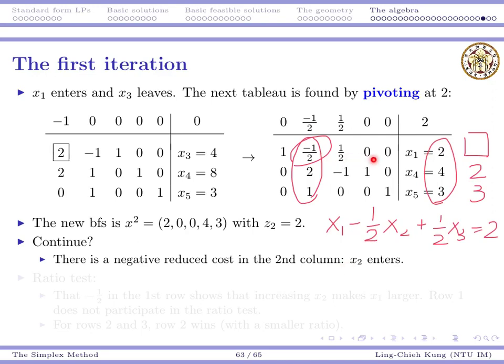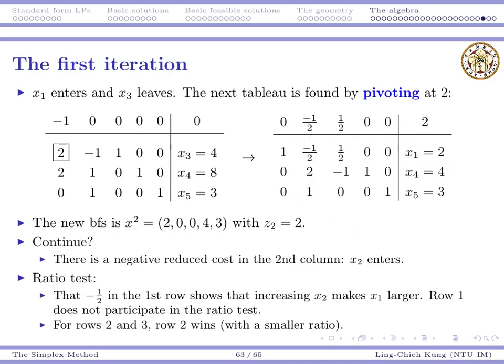So you don't need to worry about the first constraint. The first constraint does not limit the increase of x2. Only the other two constraints do. For rows 2 and 3, row 2 wins with the smaller ratio. So x4 will leave the basis.